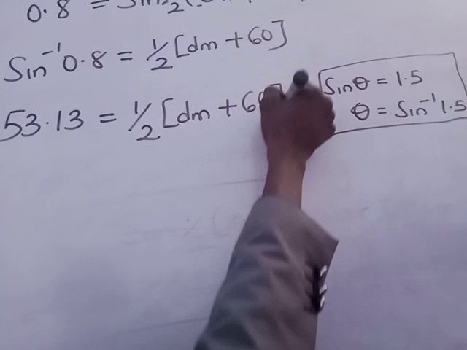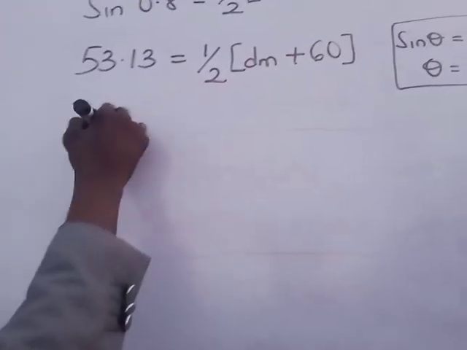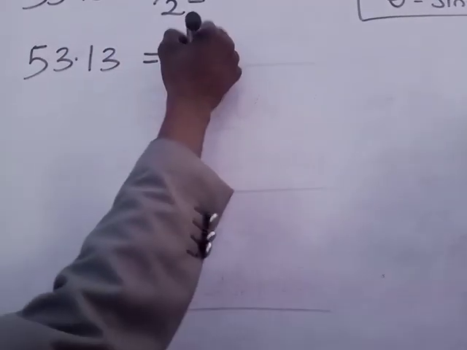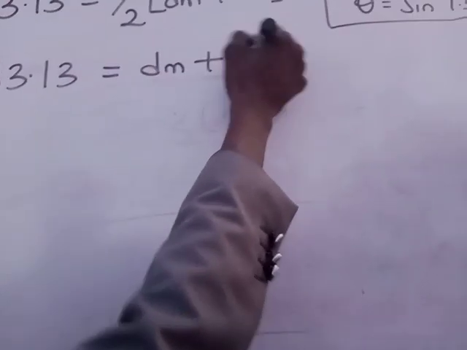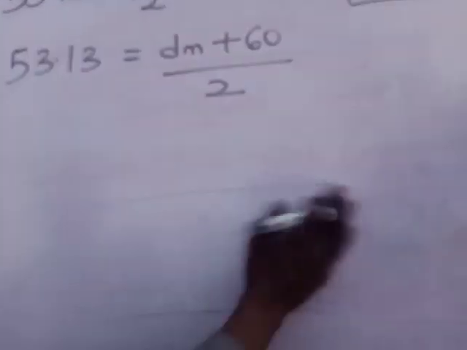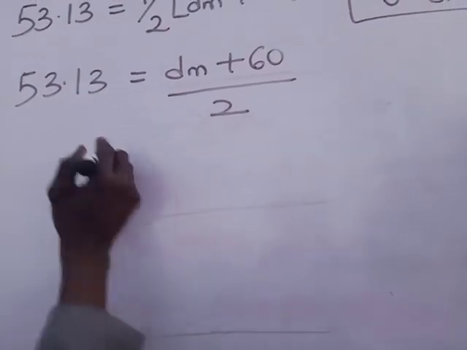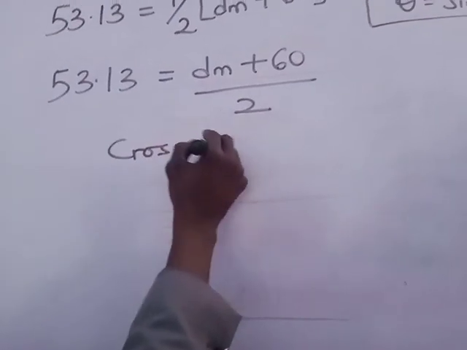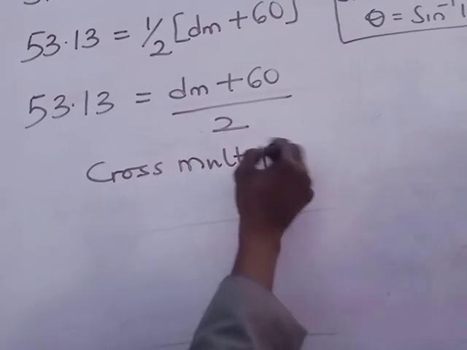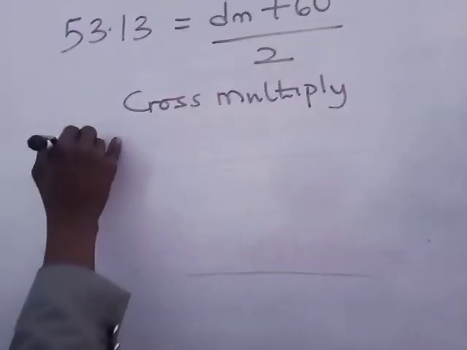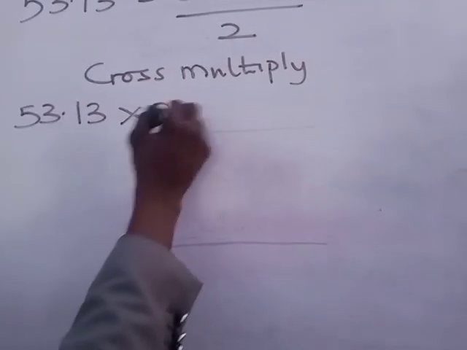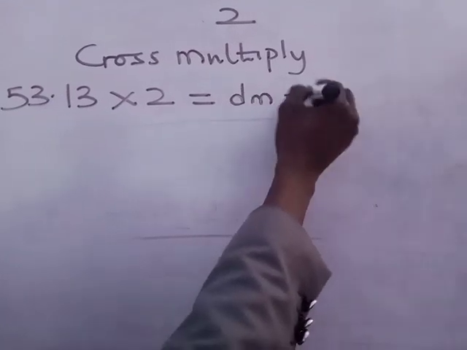So this can be rewritten as 53.13 will be DM plus 60 all over 2. So we can cross multiply. And as you do this, that will be 53.13 multiplied by 2 will be DM plus 60.